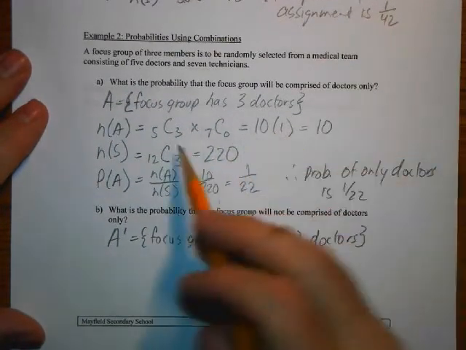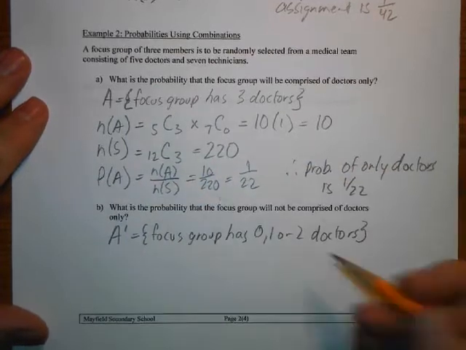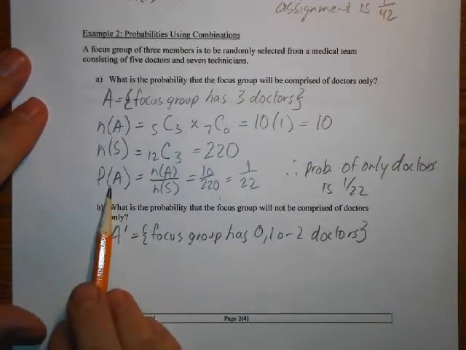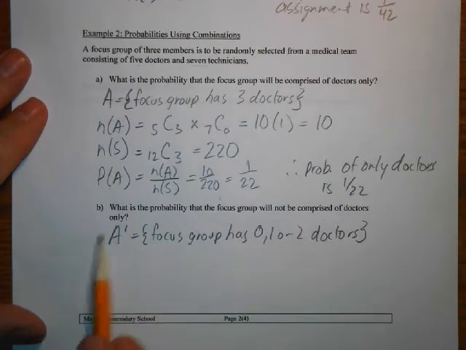I could calculate the number of times that happens, but this is actually a very complicated calculation to count how many times this can happen. But what we're going to do is take a shortcut, because we've already calculated the probability of A happening, and we're asked to calculate the probability of A prime or A complement happening.